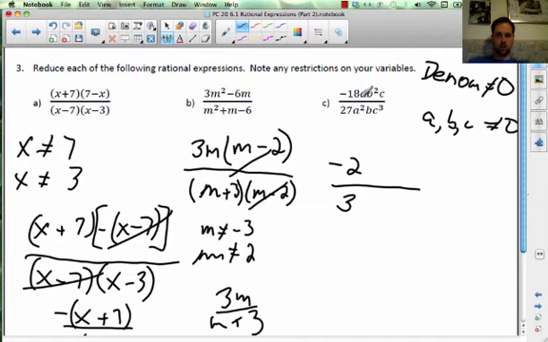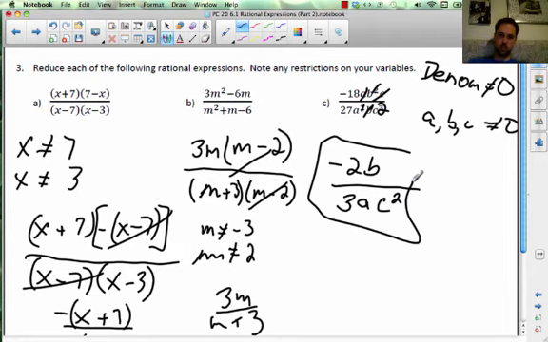A over a squared: one of these a's will cancel with one of these a's, and you have more in the denominator, so that's where the a will be left. B squared over b: more in the numerator, so that's where the b will be left. And c over c cubed: this will cancel with one of these, leaving c squared, and more in the denominator, so that's where the c's will be left.